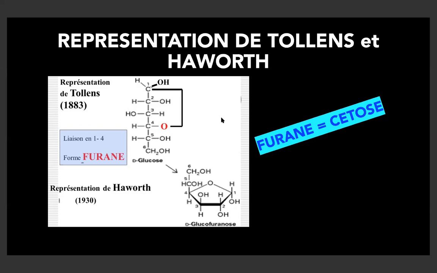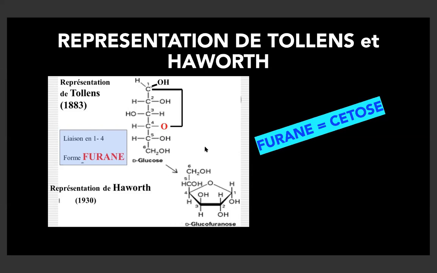But if the hydroxyls are facing down, it's called a beta glucose molecule. Sometimes you might have molecules like alpha-D-glucose, alpha or beta-D-glucofuranose, all those things. Now some of you might ask me a question.